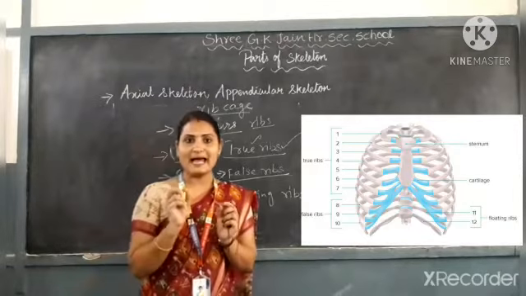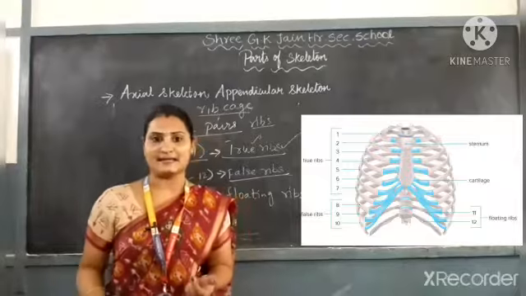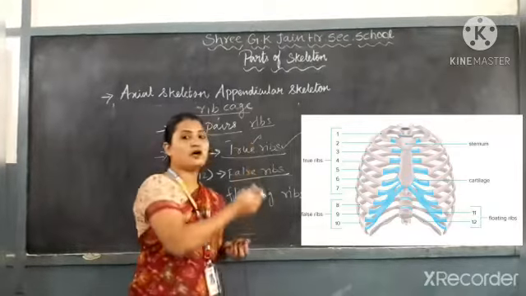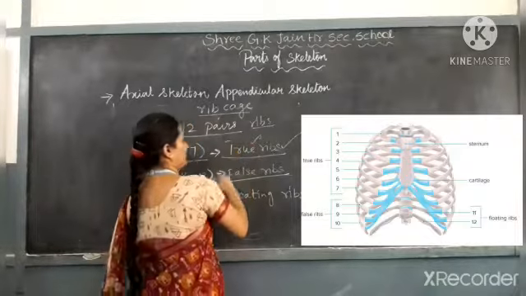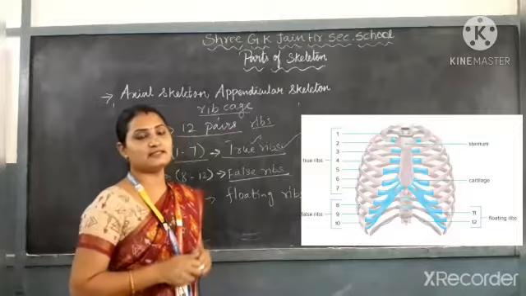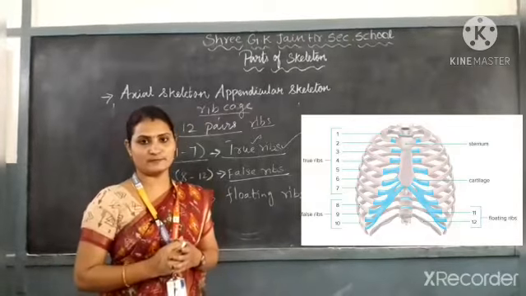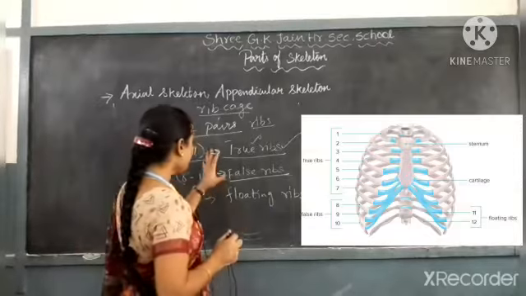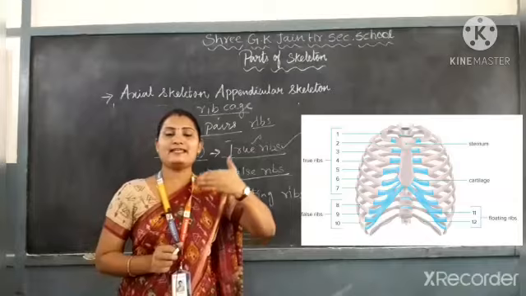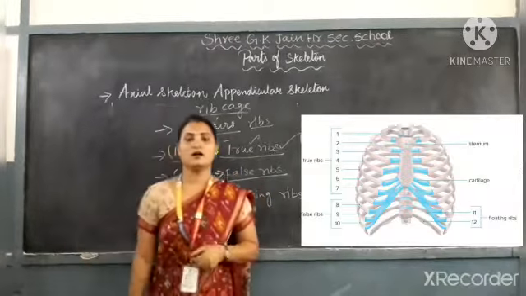They have attachment only at the back. In the front they don't have any attachment, either to the true ribs or the sternum. Likewise these ribs form the rib cage, and the rib cage is set up in such a way that it can expand and contract during the breathing process.